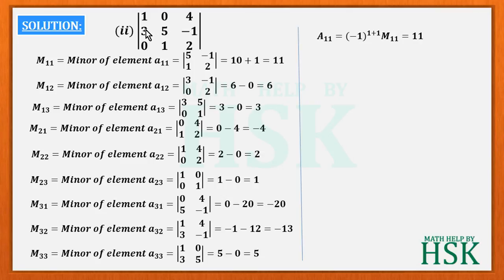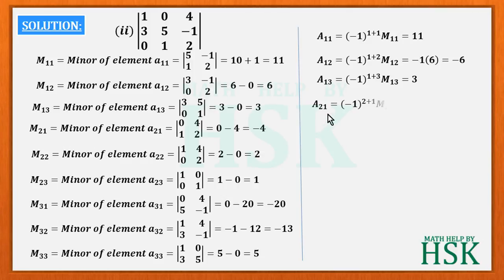And for the remaining elements, the minors are multiplied with minus 1 to give the cofactor. So the cofactor of this element 0, which is not in the leading diagonal, will be equal to the negative of the minor, therefore it is going to have the value minus 6. 4 lies in the leading diagonal, so minor and cofactor would be equal to each other, so A13 would be equal to 3.